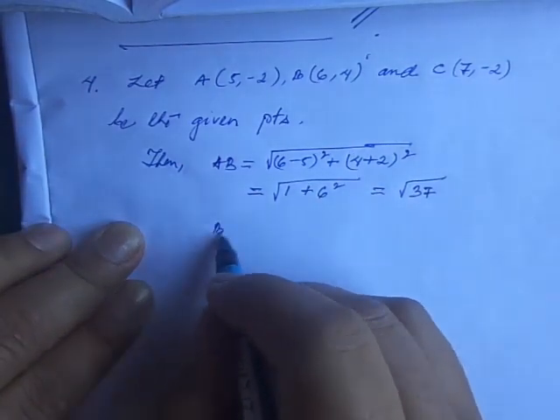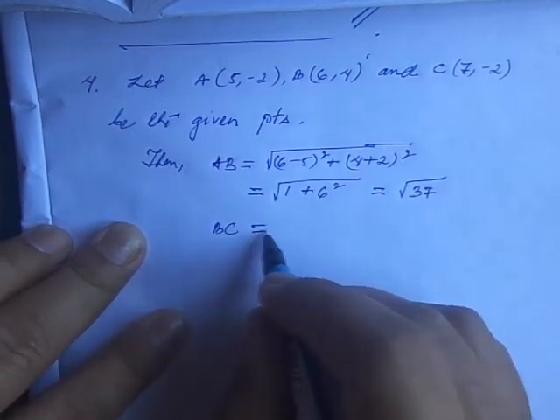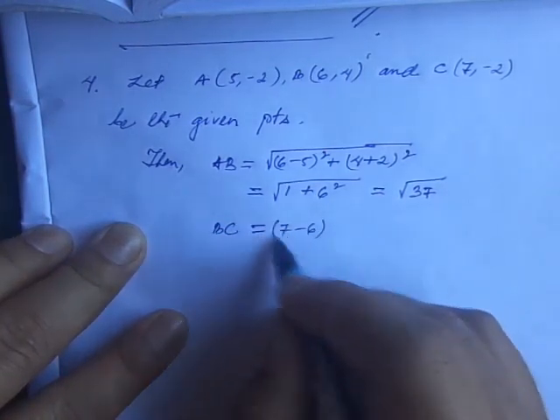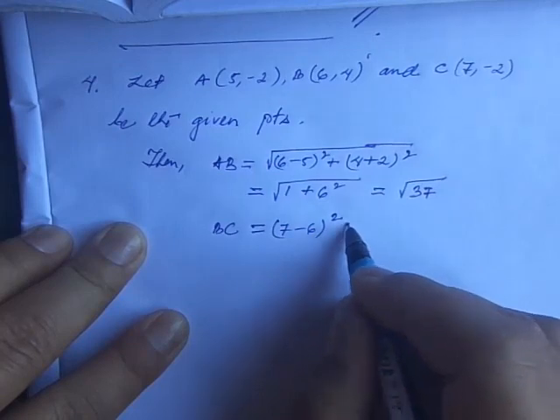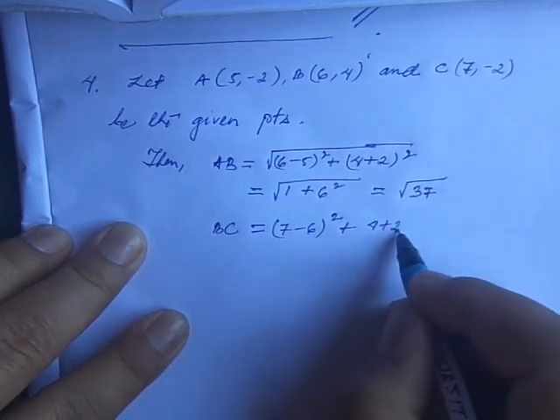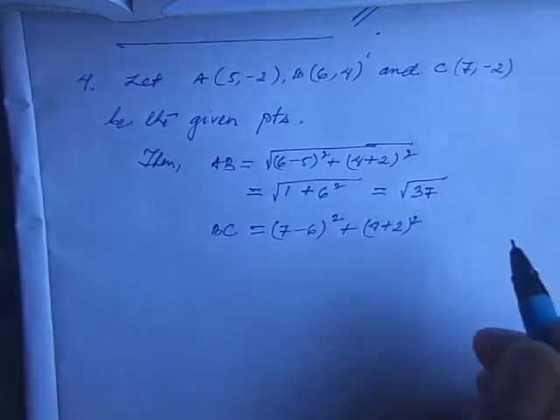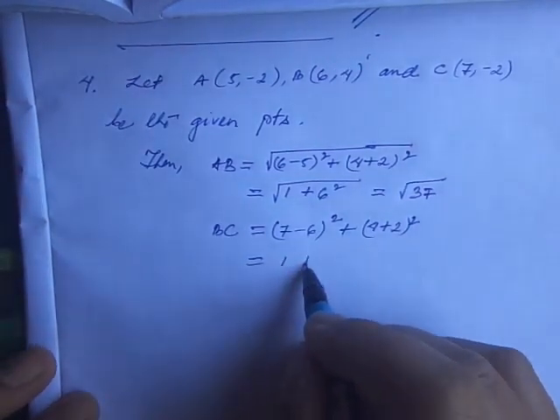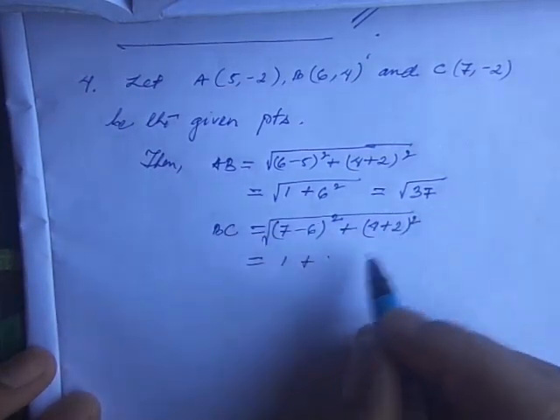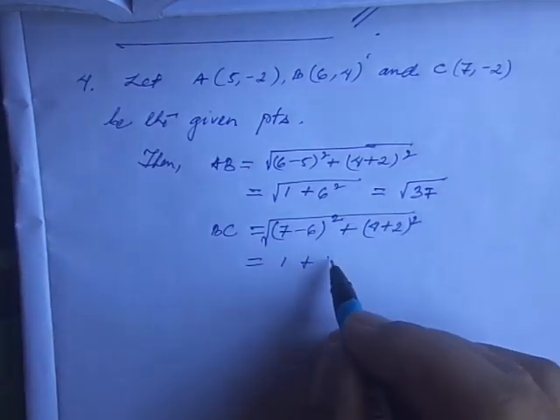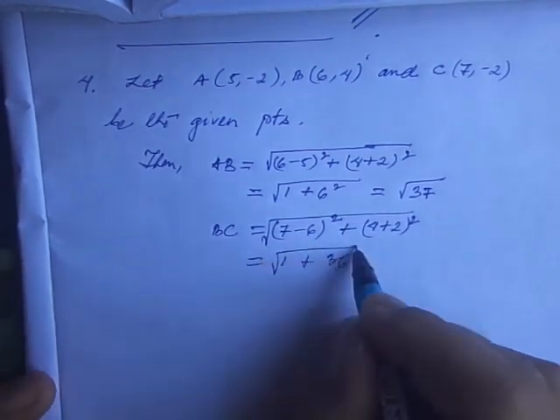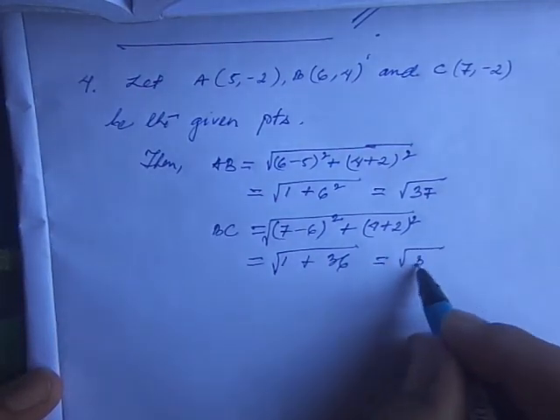Then BC equals 7 minus 6 whole square plus 4 plus 2 whole square. So it is the same: 1 plus 36, so equal to root 37.